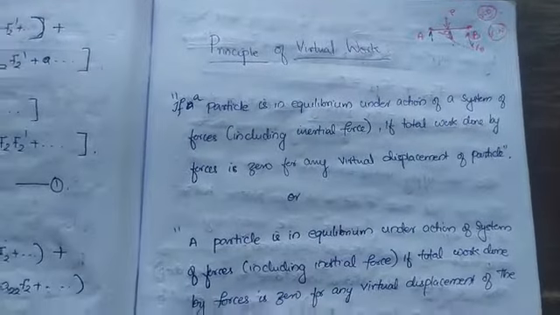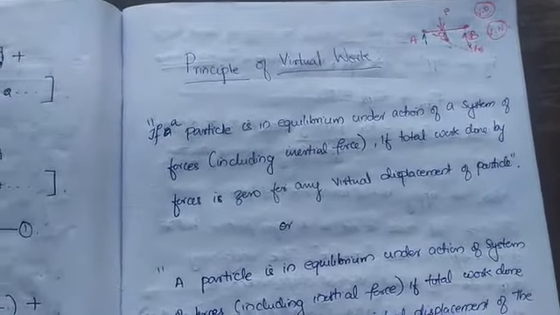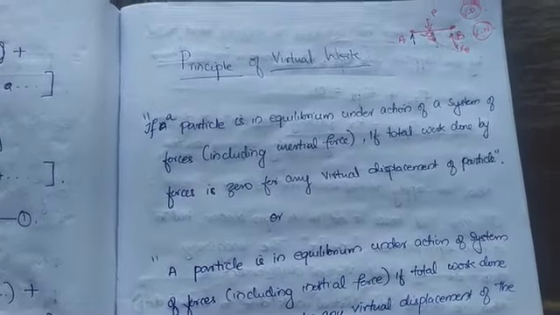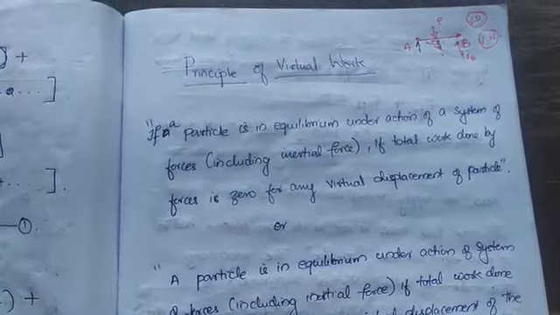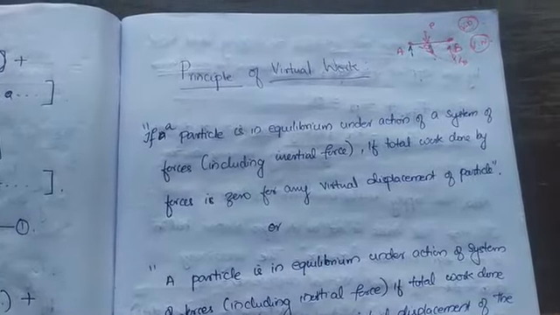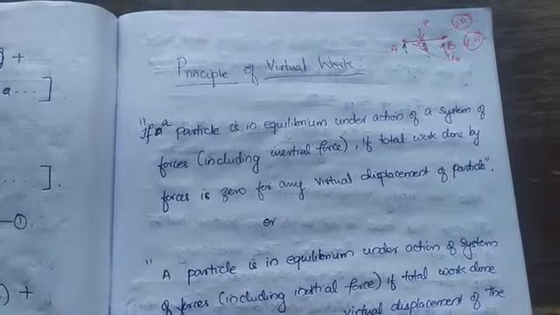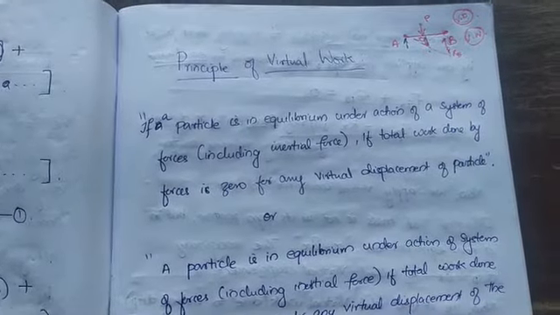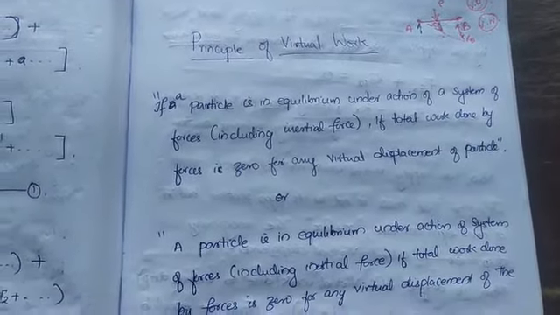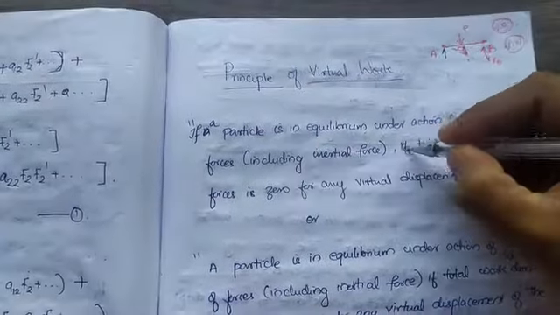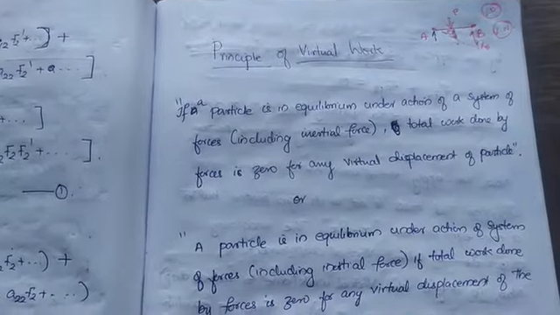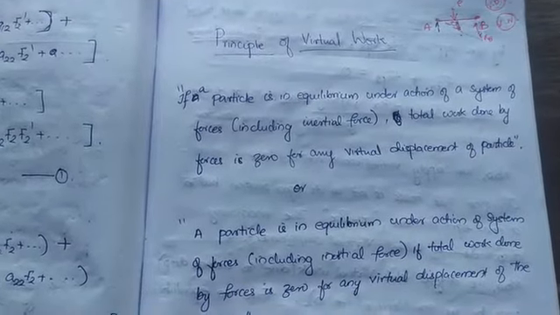Okay, so what does the statement say? If a particle is in equilibrium under the action of a system of forces including inertial force, then the total work done by the forces is 0 for any virtual displacement of the particle.